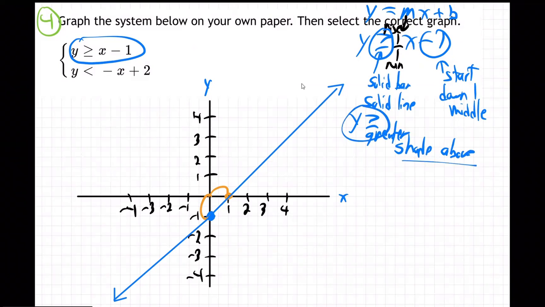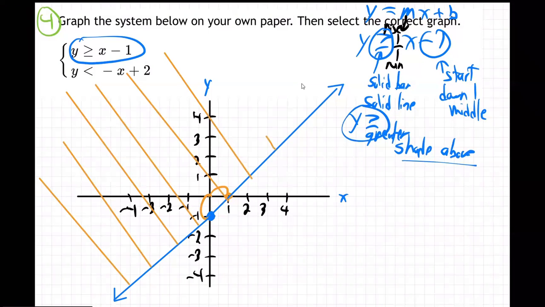Shade above. So I'm going to shade everywhere above this blue line. Maybe I'll use a different color here to shade above that line. Solid line, shading above.